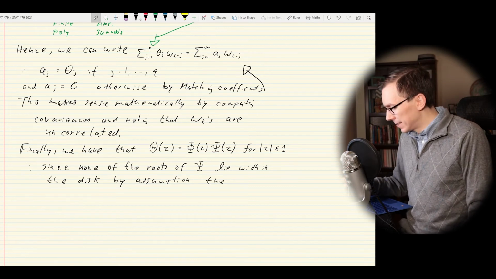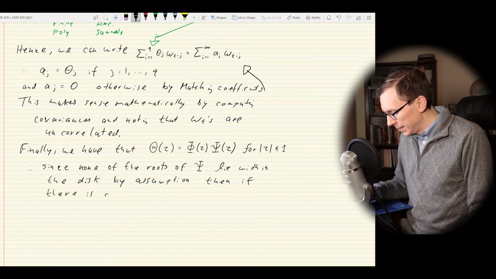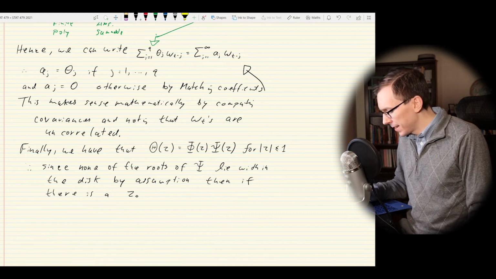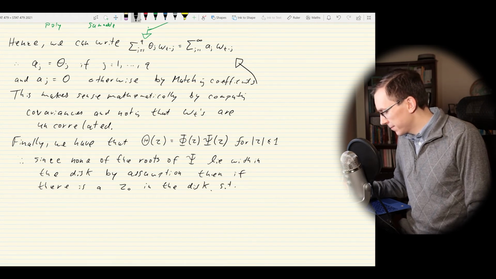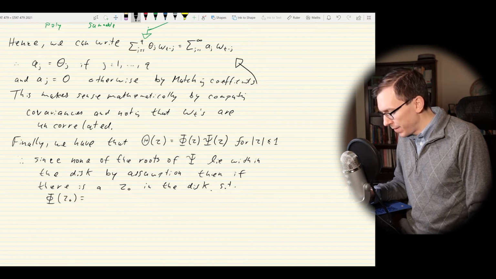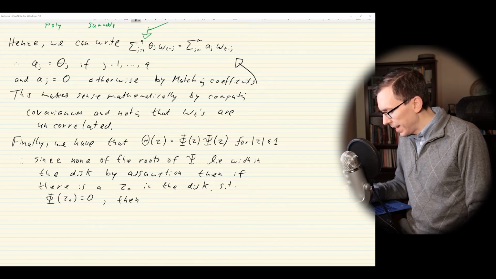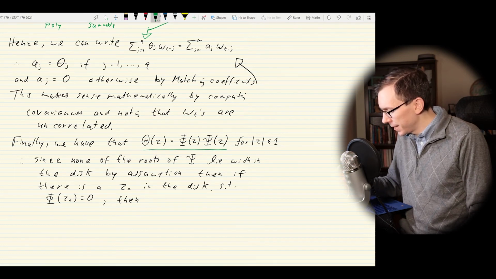I'll say then, if there is a Z naught inside the disk such that phi of Z naught is equal to 0, then what does that imply by this equation here that I'm about to underline?